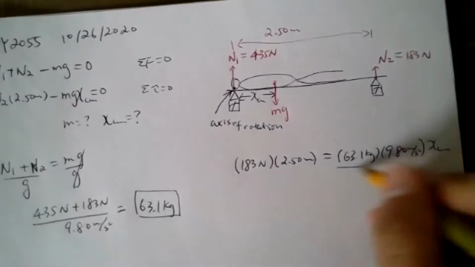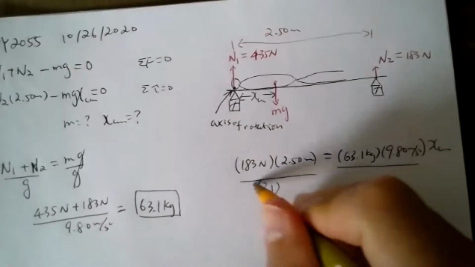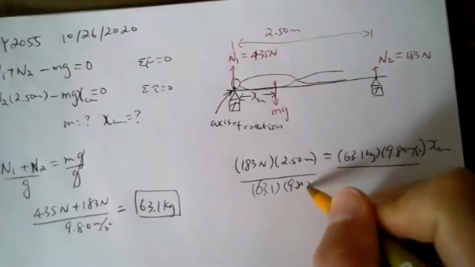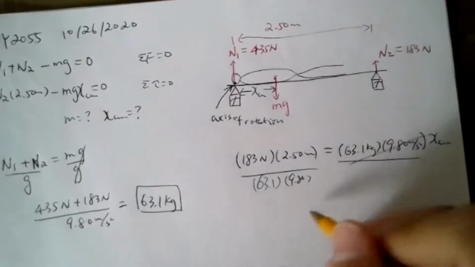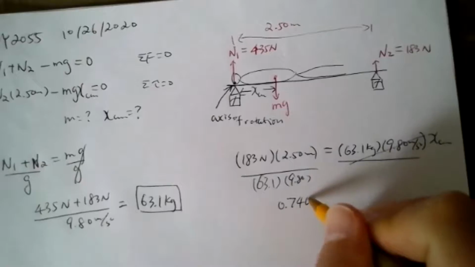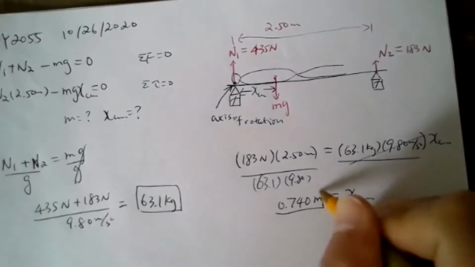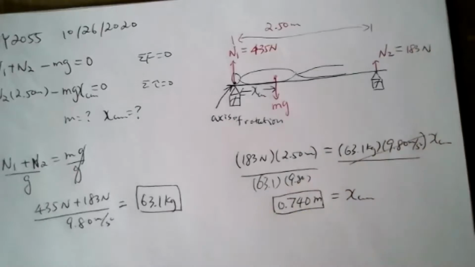Okay, and divide both sides by this. Will give you your center of mass. Okay, so that gives you 0.740 meters as the center of mass of the student measured from her head.